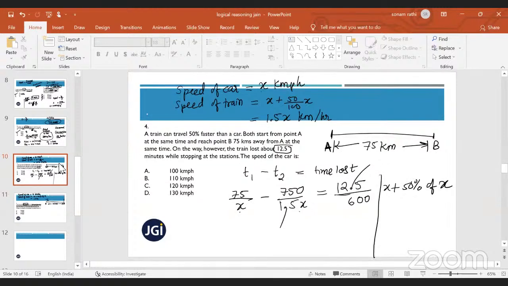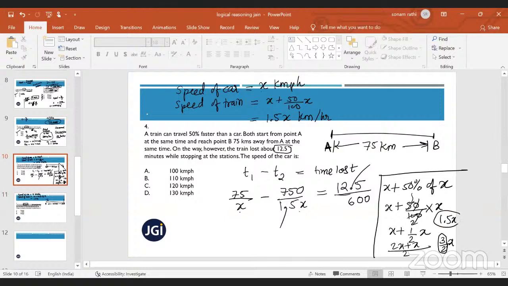See here, everyone look here. X plus 50% of x. X plus 1 by 2 x. LCM 2. 2x plus x, 3 by 2x. 3 by 2 is nothing but 1.5, so 1.5x. I will not do maths calculation for you guys. You have to do it yourself.